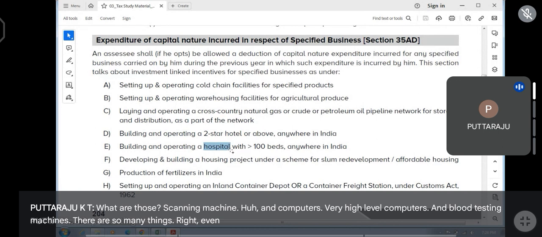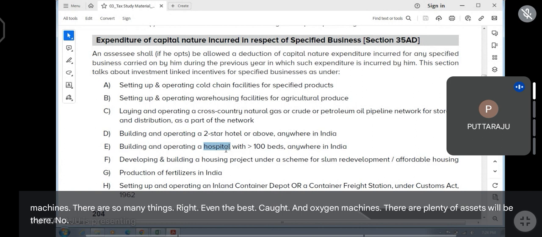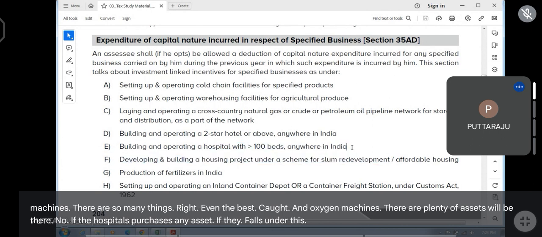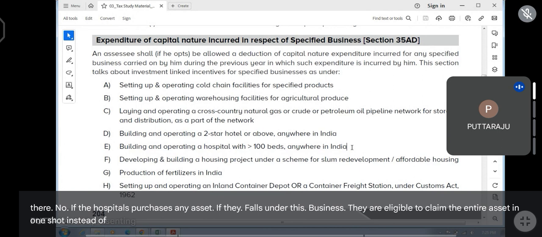Even the beds, cots and oxygen machines. There are plenty of assets, no? If the hospital purchases any asset, if they fall under this business, they are eligible to claim the entire asset in one shot instead of claiming depreciation year on year. That is the advantage of this specified business.